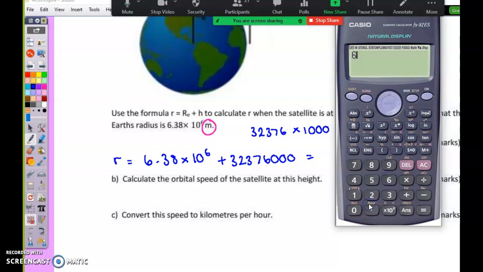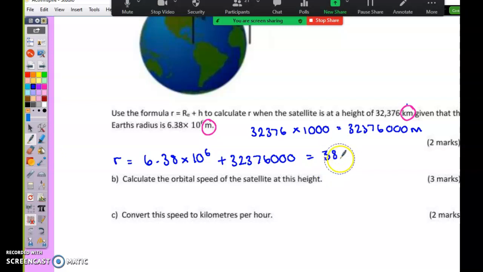So it's 6.38 times 10 to the power of 6 plus 32,376,000, and we get 38,756,000, and that is in metres.